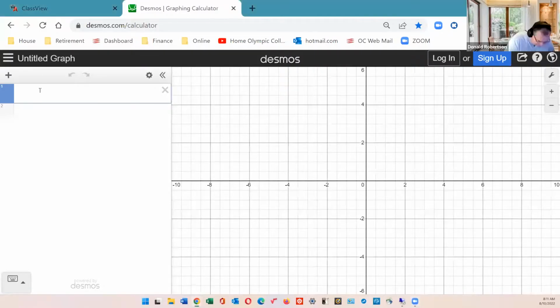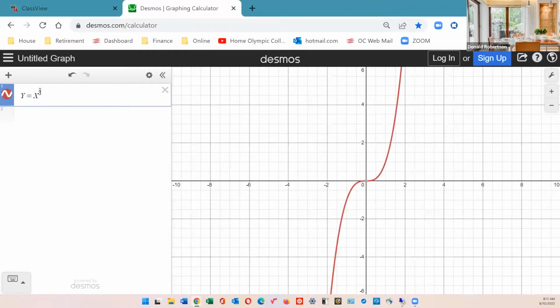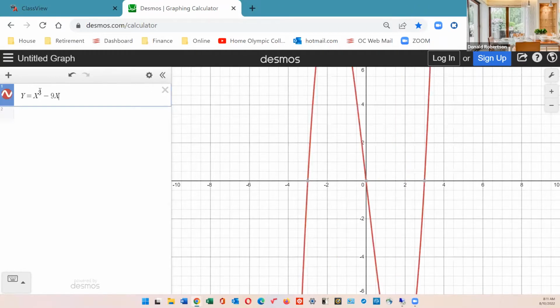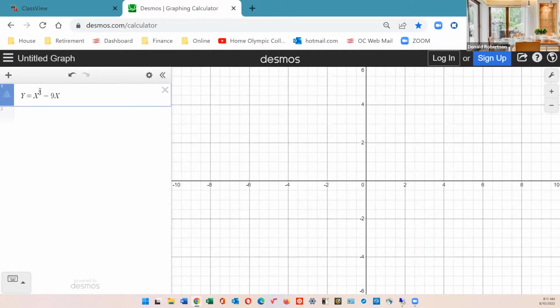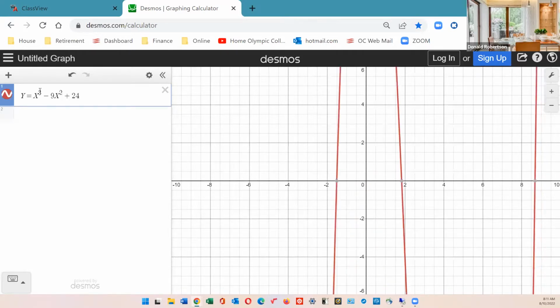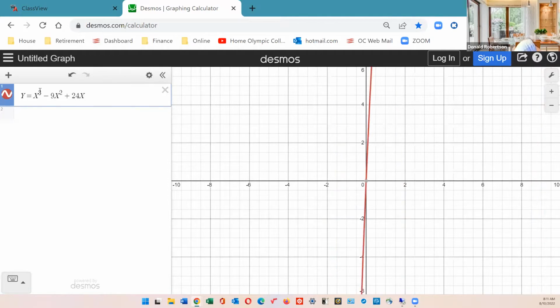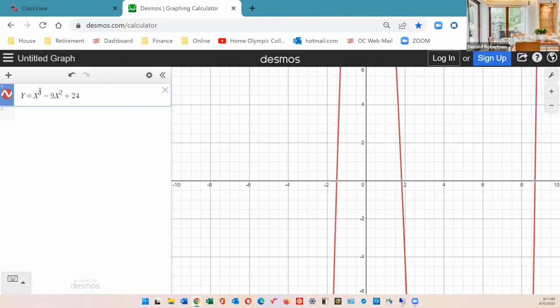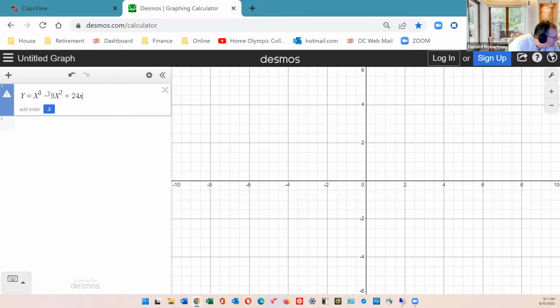Here goes: y equals, and it's going to be an x cubed, take away 9x squared, plus 24x, and nobody noticed that I was in capitals, or at least they did.